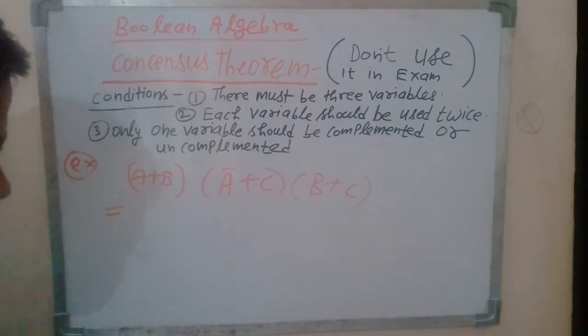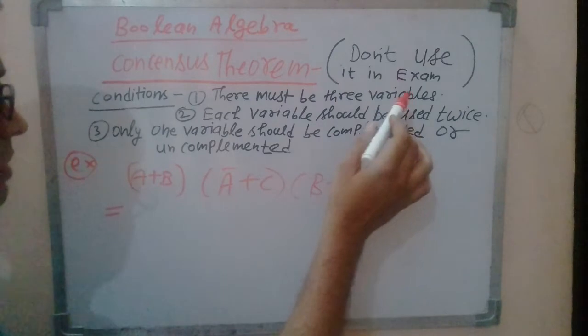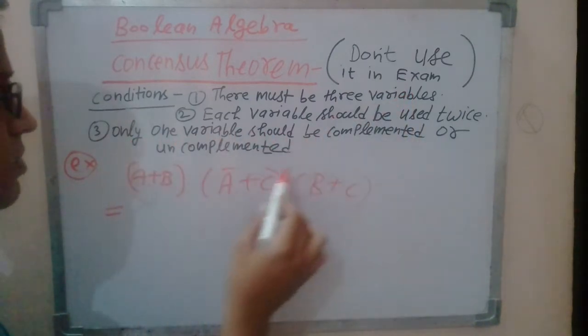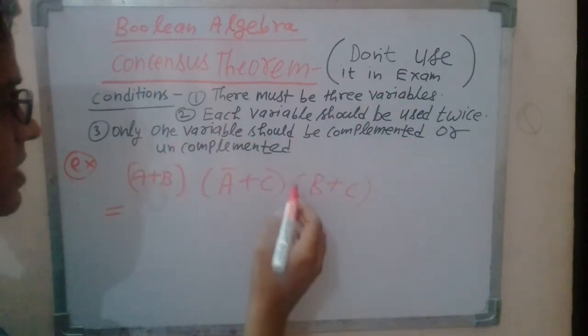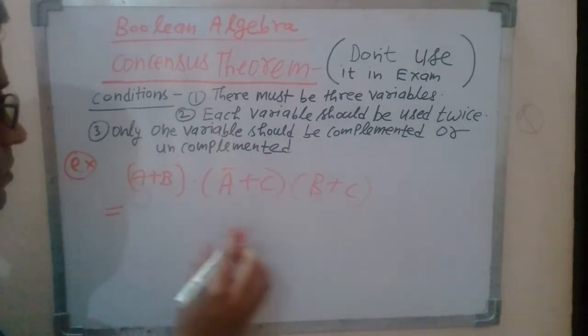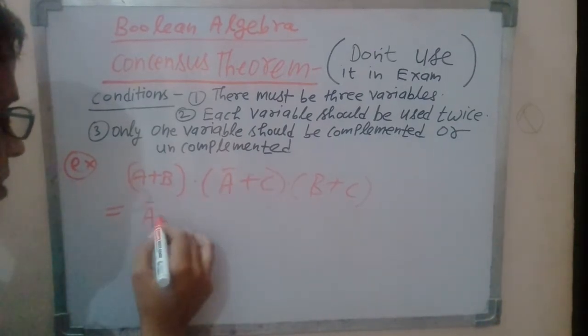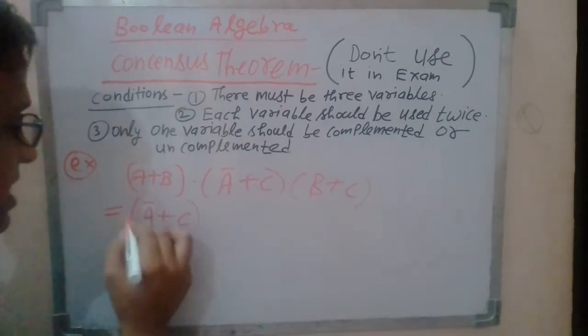So what is the answer? Tell me. Each variable is used twice. There must be 3 variables. Only one variable should be complemented or uncomplemented. All 3 conditions are satisfied here. Now this is product of sum form. That means the answer will be: write that unique term, that is A bar plus C, and write the related term.